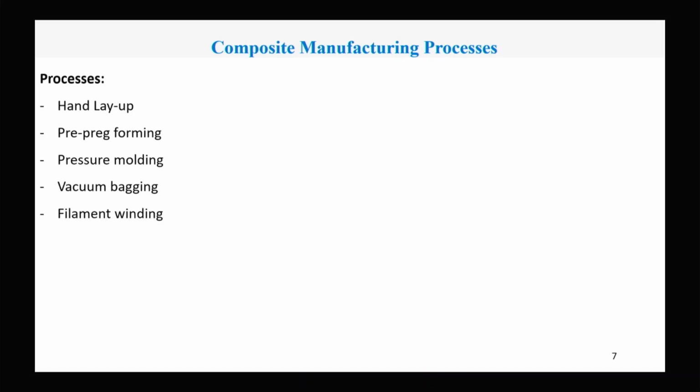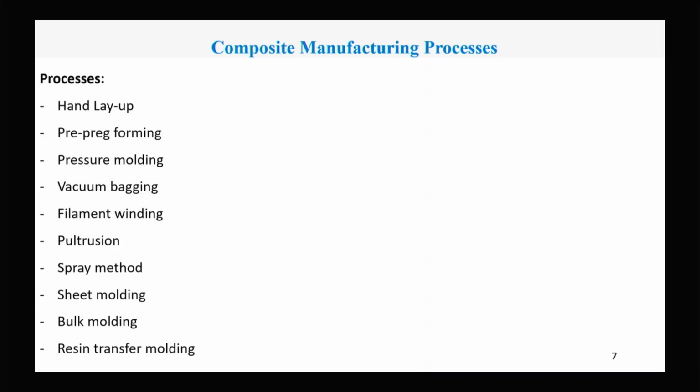These processes are hand layup method, then pre-preg forming, pressure molding, or we can call it compression molding, vacuum bagging, filament winding, pultrusion, spray method, sheet molding, bulk molding, and resin transfer molding or RTM. So these are the different methods. Let us see the methods quickly.